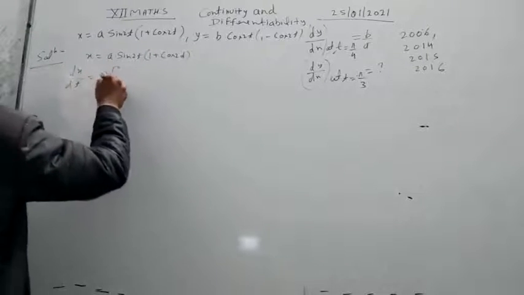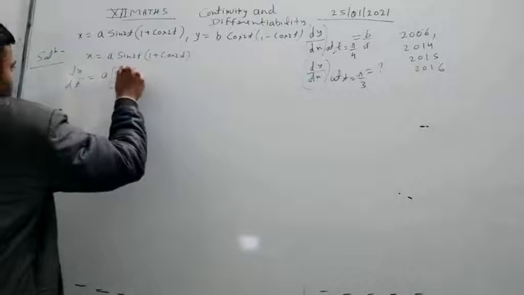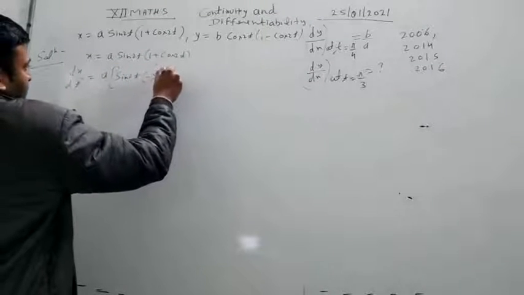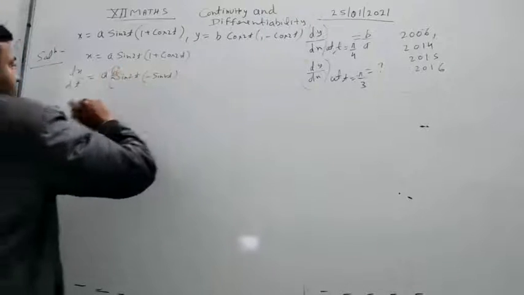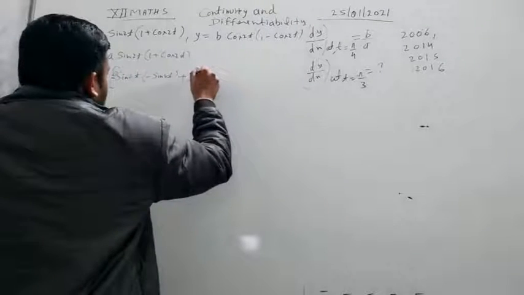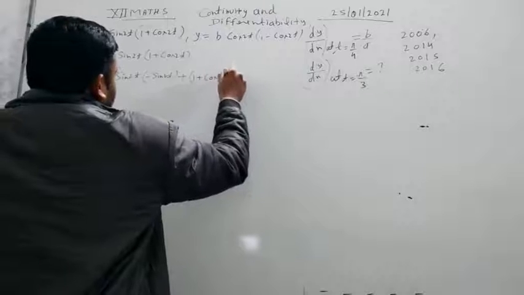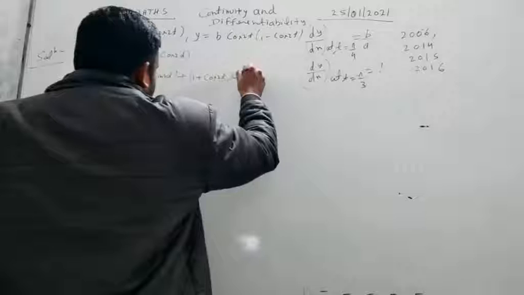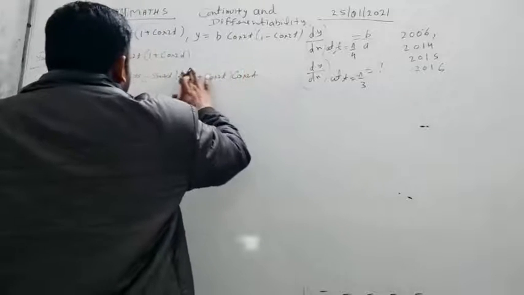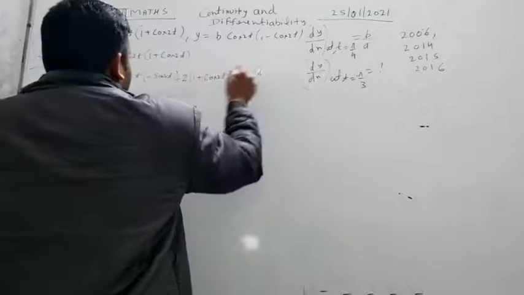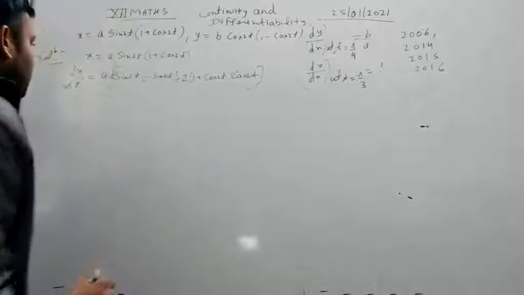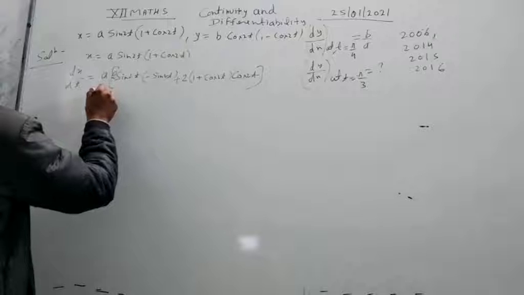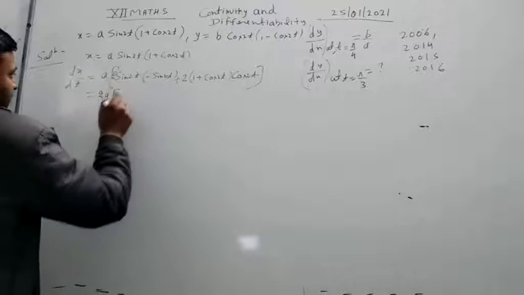So first function a, times differentiation of second function, minus sin 2t into 2, plus second function, times differentiation of first function, cos 2t into 2.